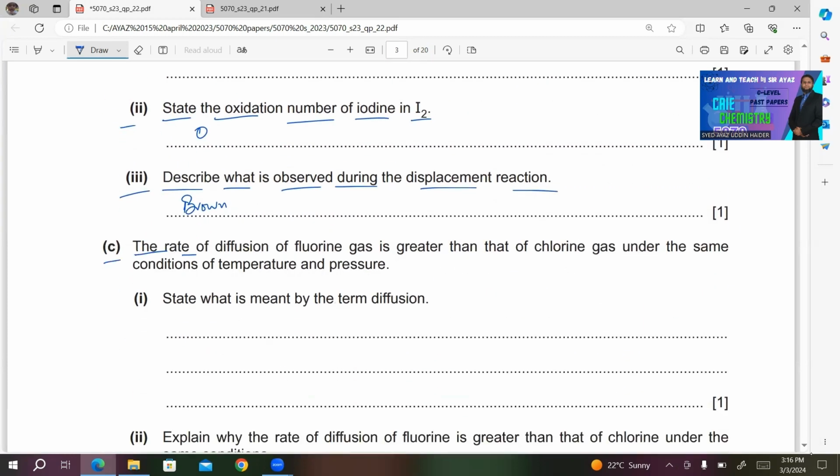C. The rate of diffusion of fluorine gas is greater than that of chlorine gas under the same conditions of temperature and pressure. Number 1, state what is meant by the term diffusion.